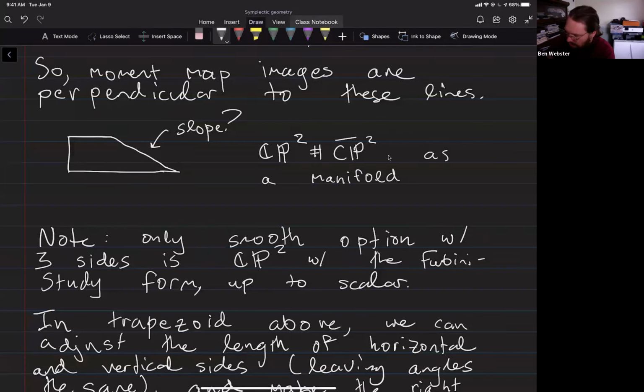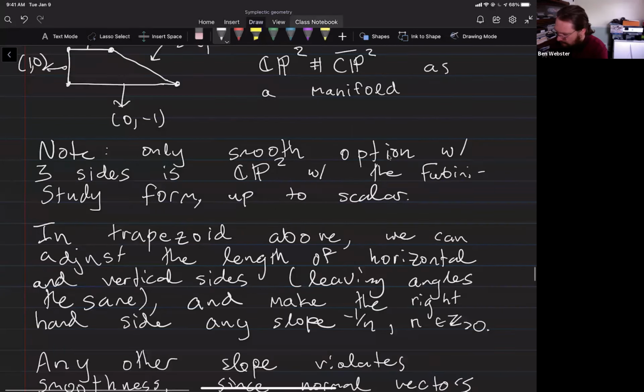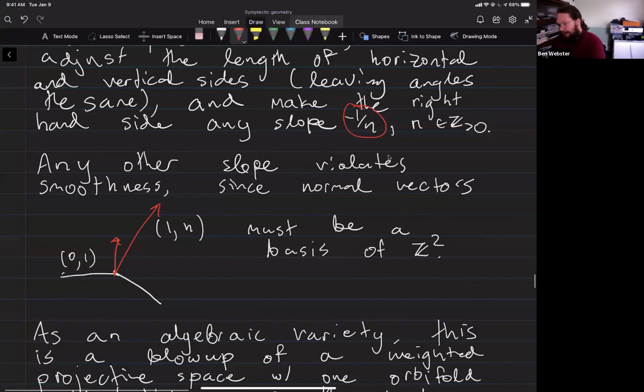So all of these edges are fine. They have normal vectors 1, 0, 1. So at these vertices, the smoothness condition is fine, but whether smoothness is going to hold at these vertices depends on what the slope of this other edge is. And the key thing we need is that the slope is -1/n for n a positive integer.